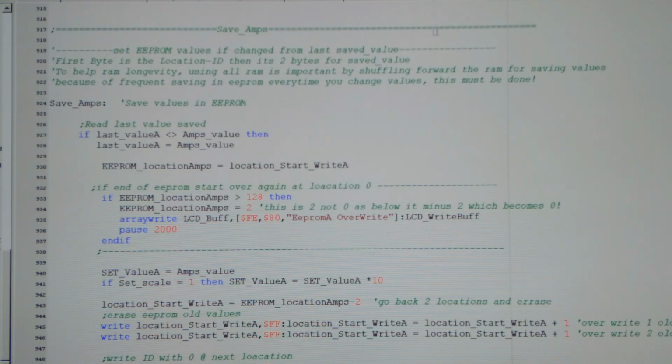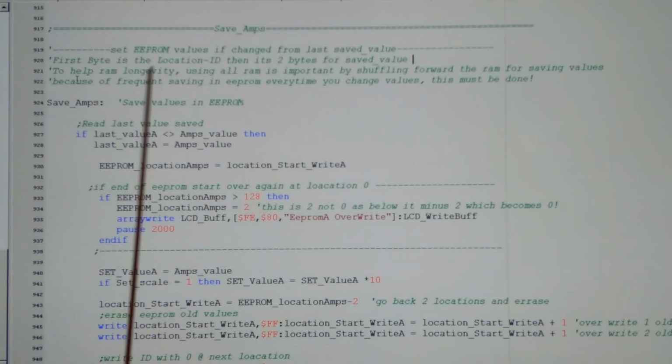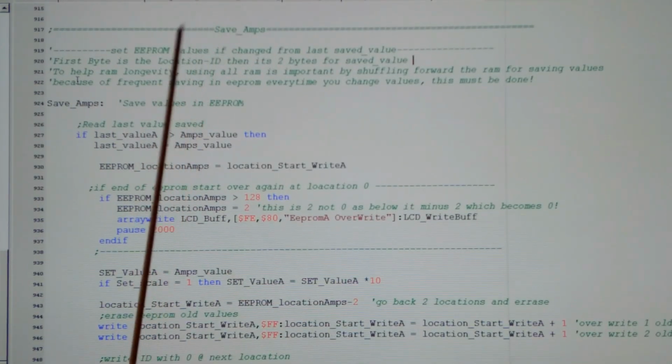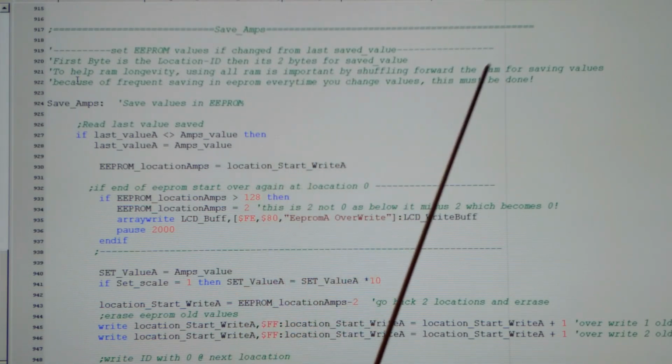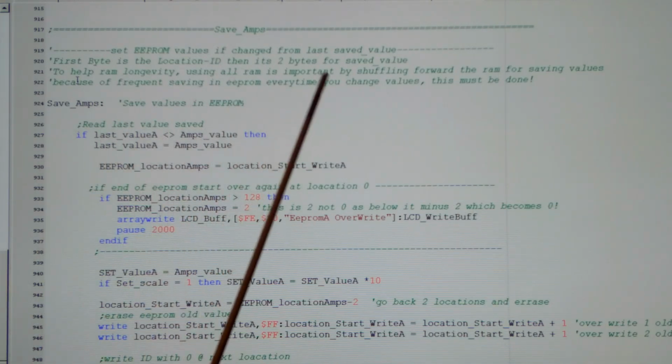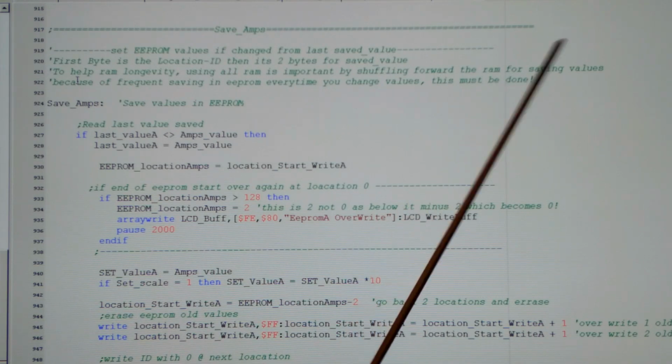It should be, that's what should be there. And as I explained, that was to help the EEPROM longevity. Using all the EEPROM is important by shuffling forward the location for saving values, okay? Because of frequent saving in EEPROM, every time you change values, this must be done.